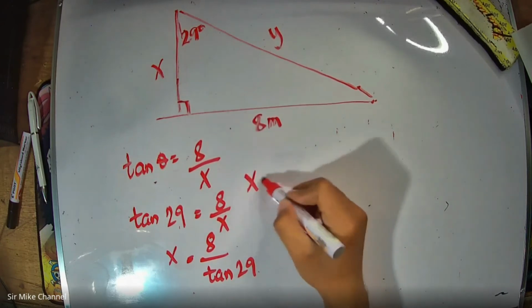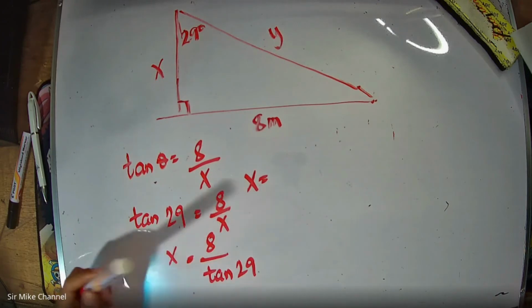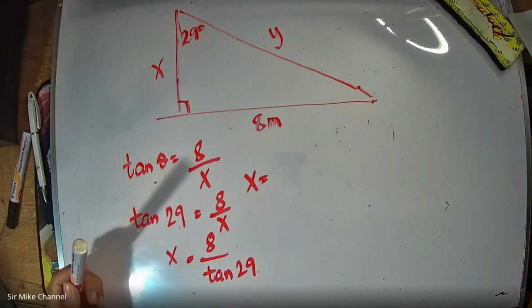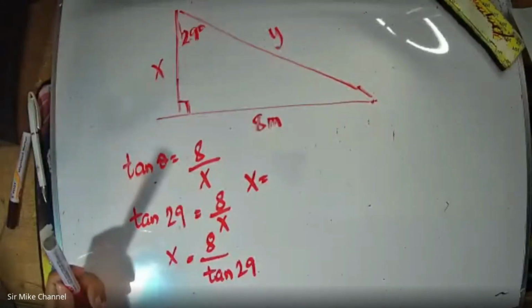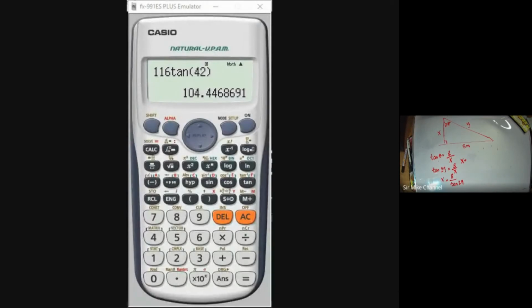Okay, so the final answer natin dito, 8 divided by tangent 29 using our calculator. So 8 divided by tangent 29. Meron tayong 14. Okay, 14 ang sagot natin. So 14.43. Okay, ito yung height natin sa x.